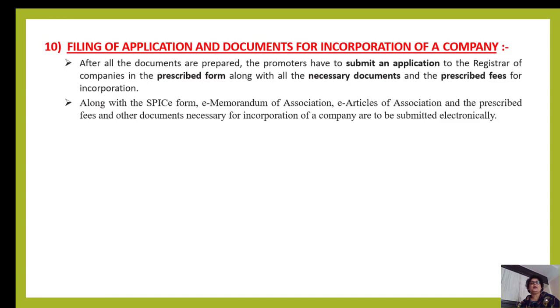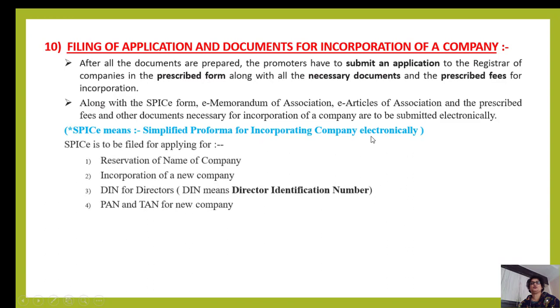Along with that form, the SPICe form is also submitted. This is related to electronic, meaning online, filing. For example, e-memorandum of association, e-articles of association and the prescribed fees. Other documents necessary for incorporation are to be submitted electronically. SPICe means the simplified proforma for incorporating a company electronically. So these are the manual documents, and these are the electronic, online documents submitted to the ROC.